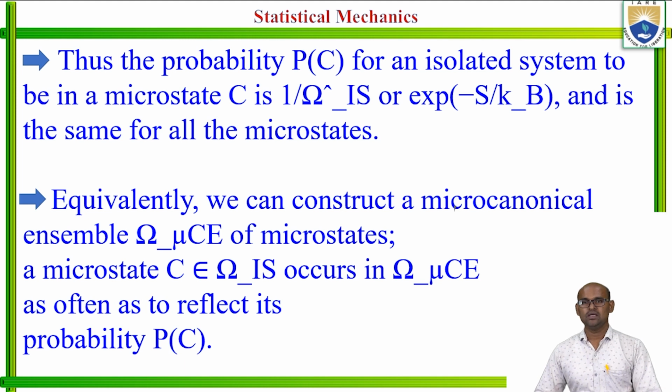A microstate C belonging to this isolated system occurs in this microcanonical ensemble as many times as to reflect its probability P of C. So we have discussed the isolated system and obtained the probability of occurrence of any microstate C. Now we are going to construct a microcanonical ensemble for this isolated system, and in this ensemble, a microstate C is going to appear as many times as to reflect its probability.